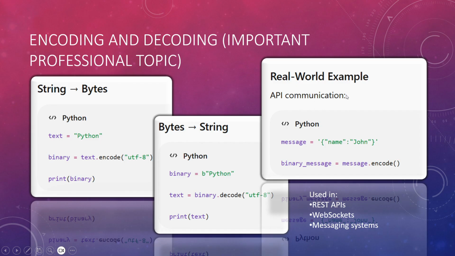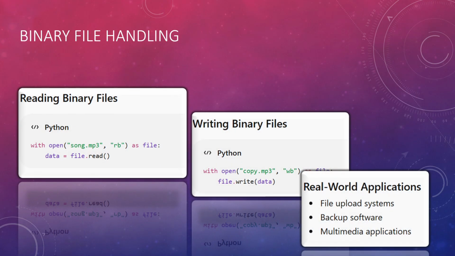Okay, API communications, where is it used? API communications, right? So basically we convert that into zeros and ones, correct? Okay. Next, binary file handling. So reading binary files, image files are binary files, right? Videos are binary files.